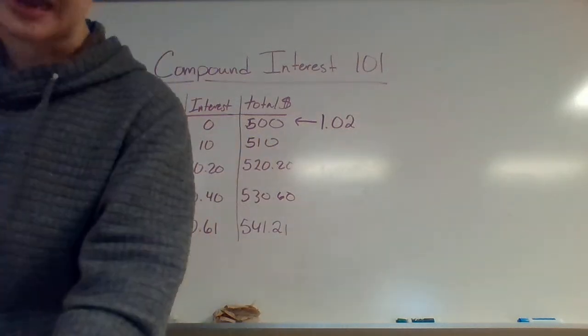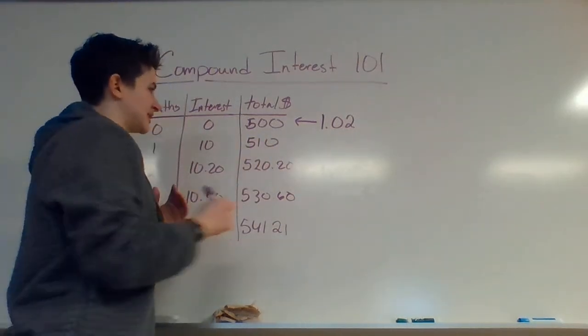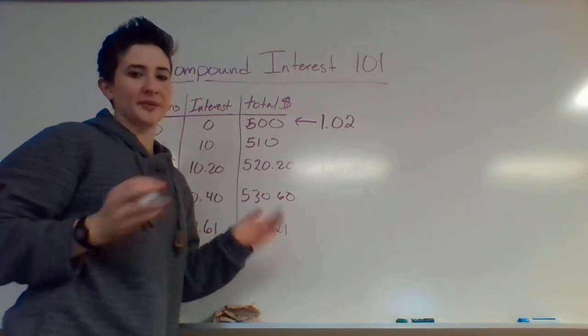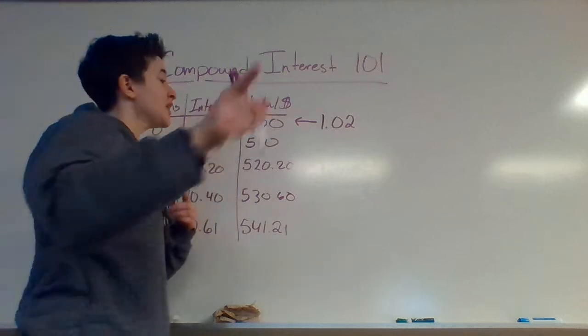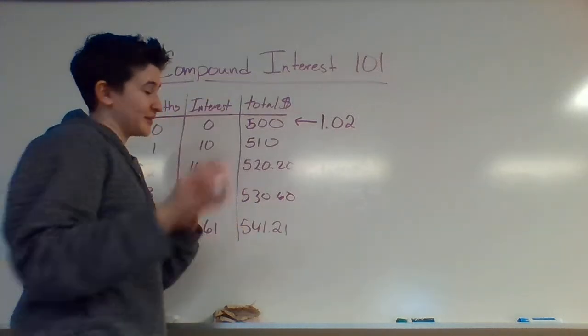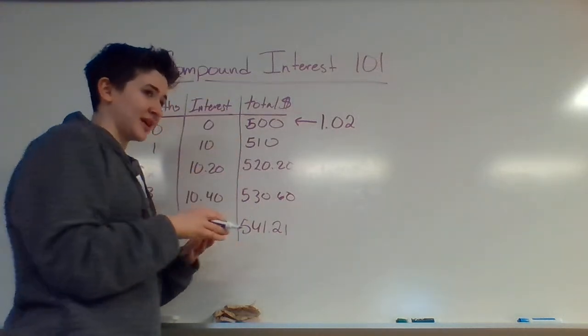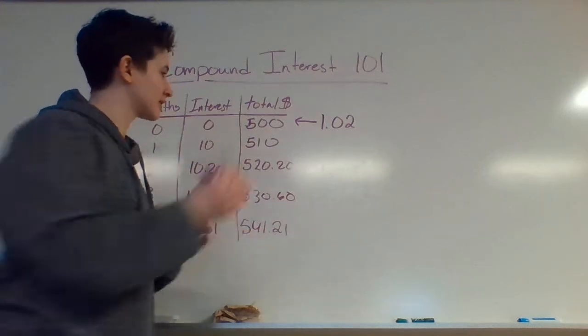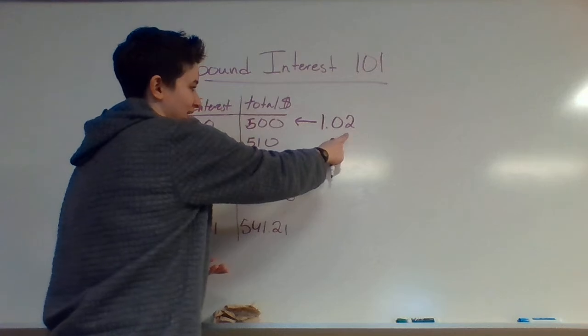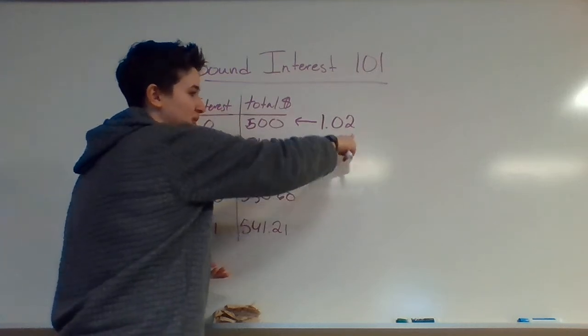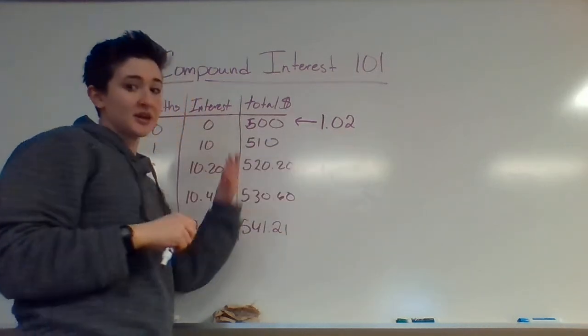Now, what's happening here is I am multiplying this number by 1. What happens when I multiply a number by 1? You can answer that because you are not here. You should remember that when you multiply a number by 1, you get the number back itself. So in this case, I just get 500. By multiplying 500 by 0.02, that's me multiplying it by my rate.